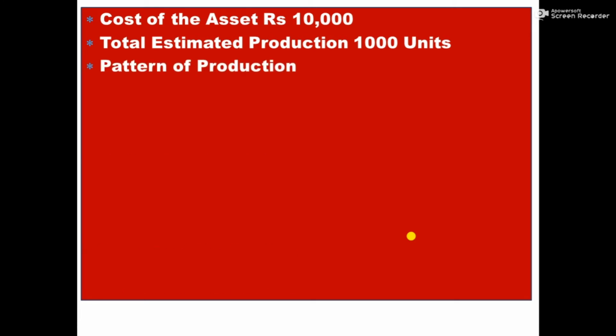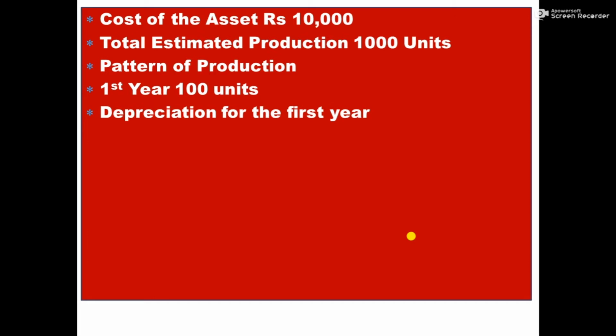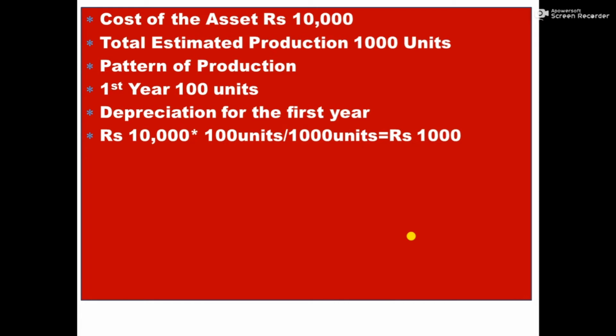Production for the first year was 100 units, and therefore the depreciation for the first year will be: the depreciable amount, cost of the asset minus scrap value, rupees 10,000, into how many units you produced during the first year, that is 100 units, divided by your total estimated production of 1,000 units, and therefore your depreciation for the first year is 1,000.